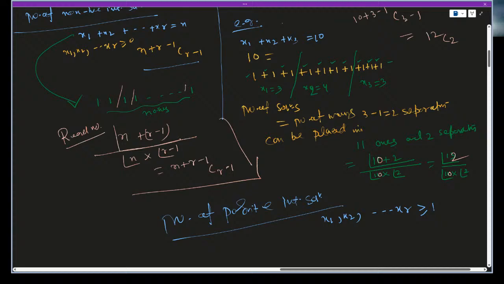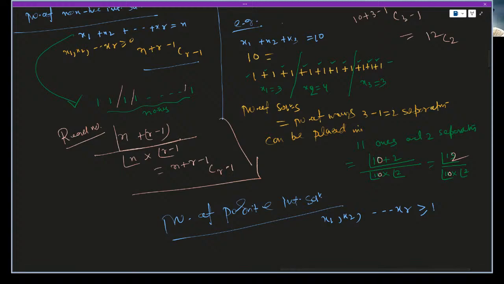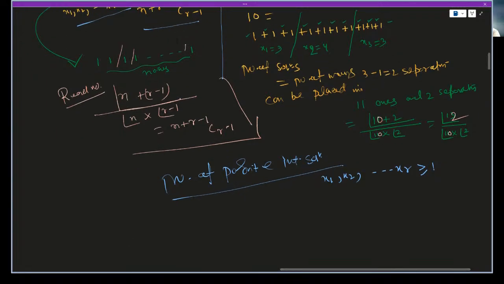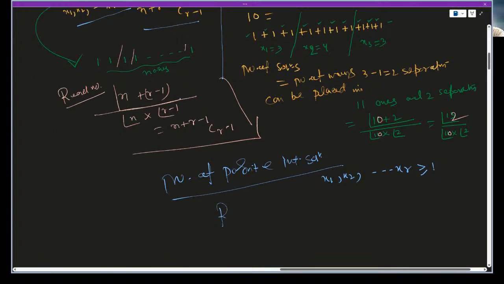Then how many solutions will be there? That we are going to find. Here the condition was greater than or equal to 0, and here greater than or equal to 1. So the required number will be what? Tell. n minus 1 C r minus 1.